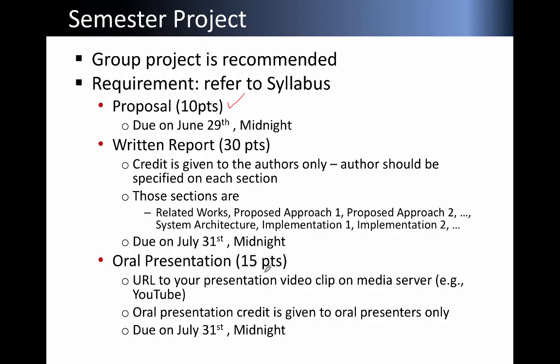I want you to look up the syllabus. So proposal 10 points, out of 100 points. Due is June 29th, midnight. Written reports by the end of this semester, so July 31st.